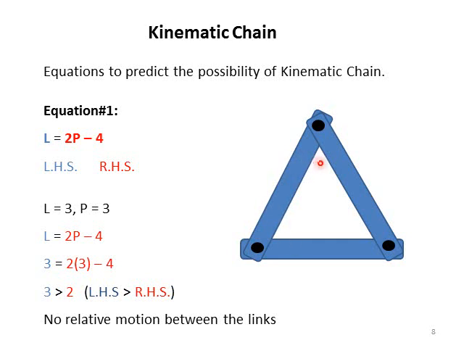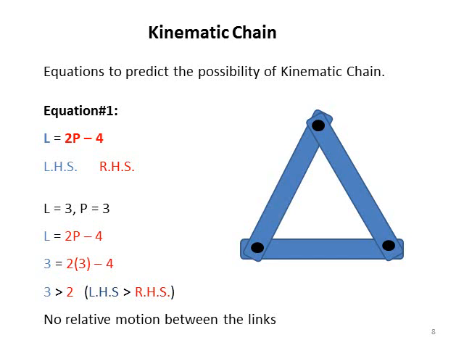So 1 pair, 2 pairs and a third pair. So 3 links, 1, 2, 3, 3 joints, 1, 2, 3, 3 pairs, 1, 2, 3.